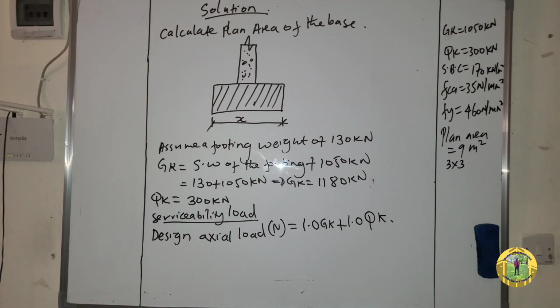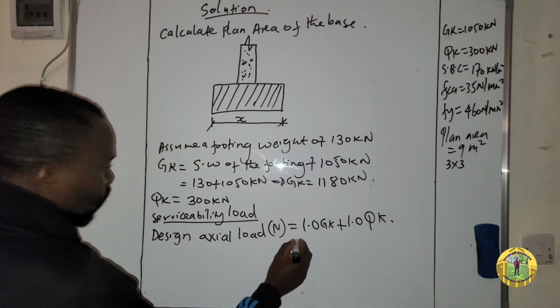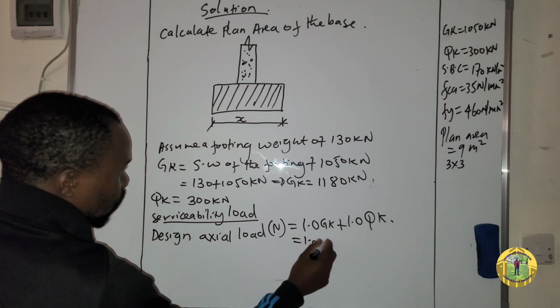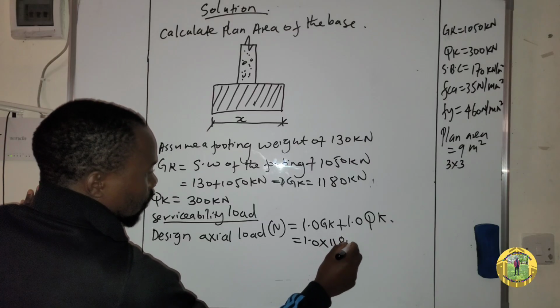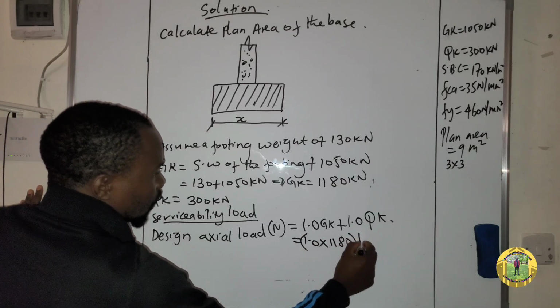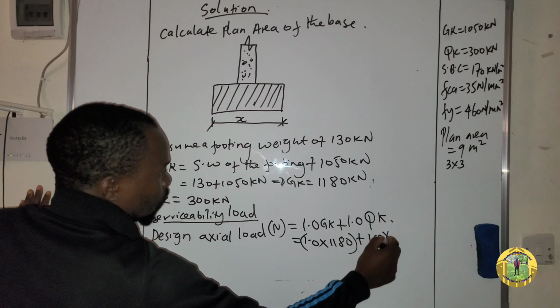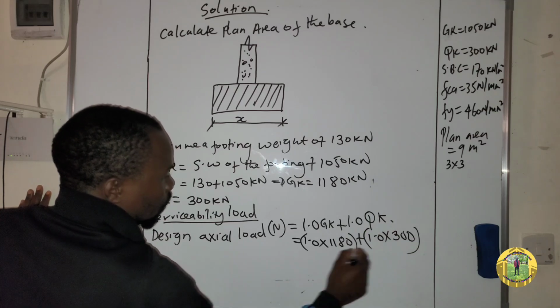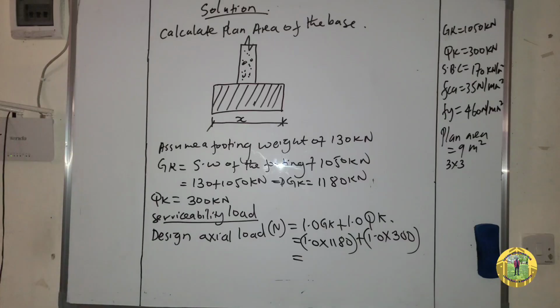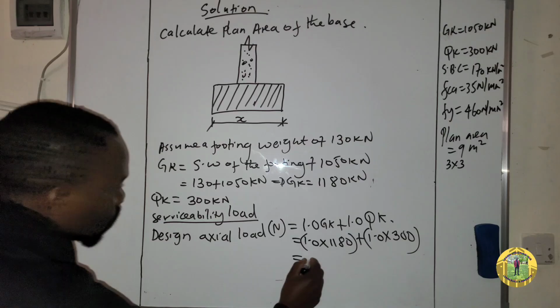So 1.0 times 1180 plus 1.0 times 300. So this one is equal to 1480 kilonewton.